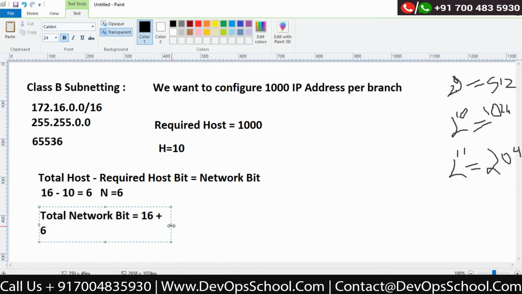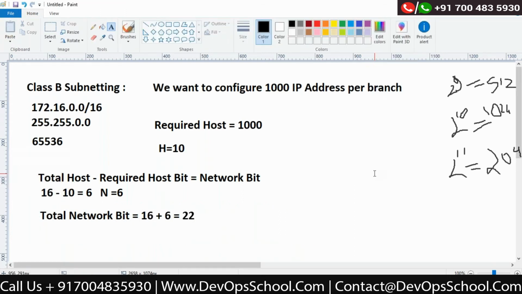So the total would be 22. This is the same process we are following, only for class B.